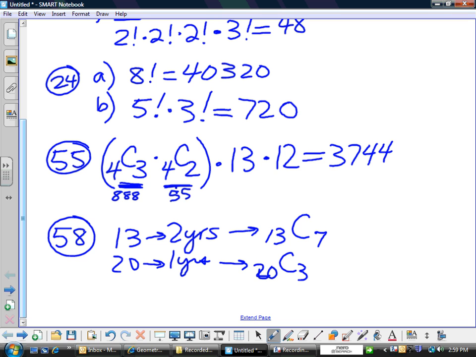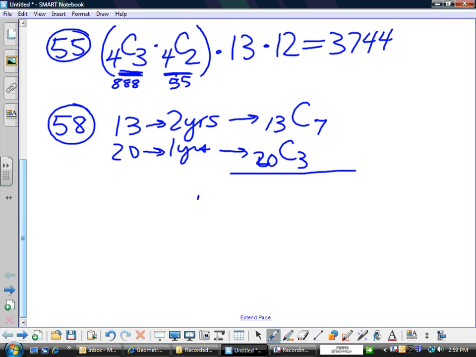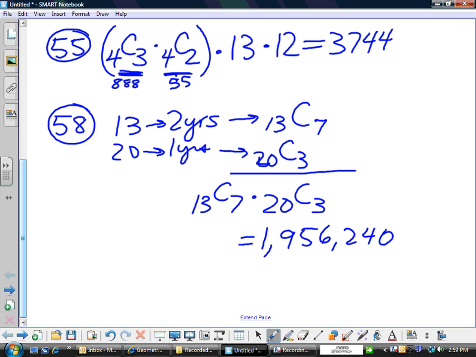So I'm going to multiply those 2 together. 13 choose 7 times 20 choose 3, and that gives me 1,956,240 ways.